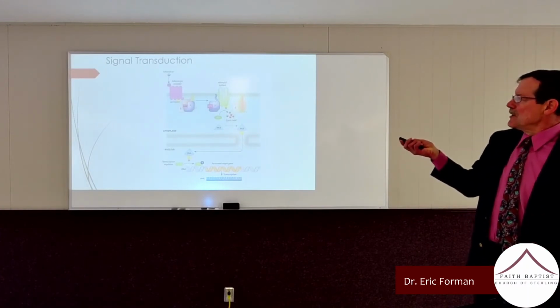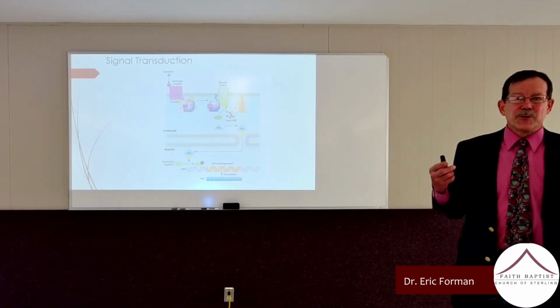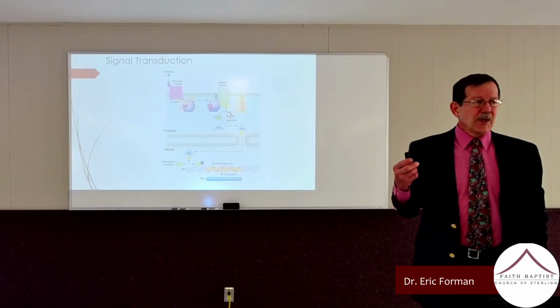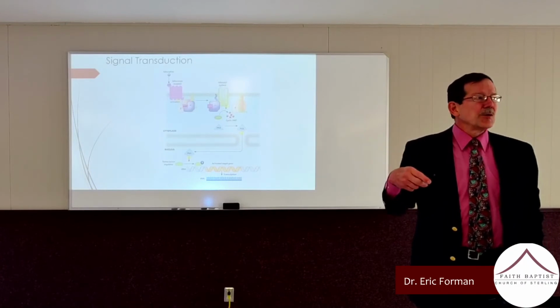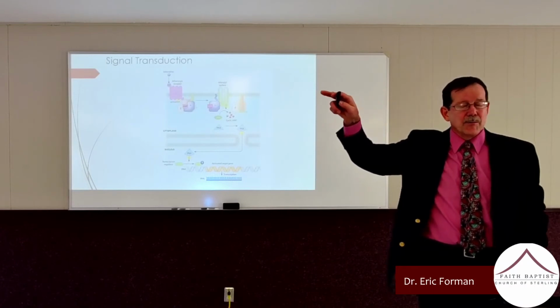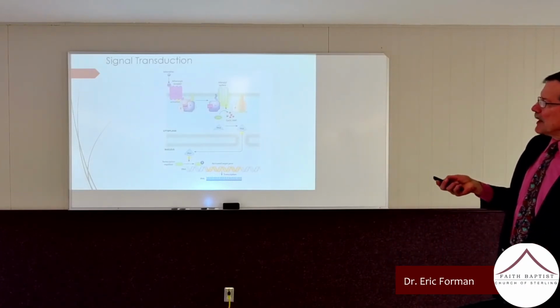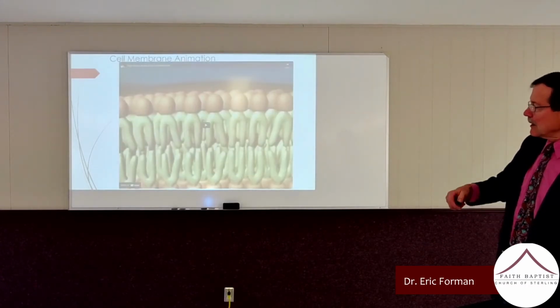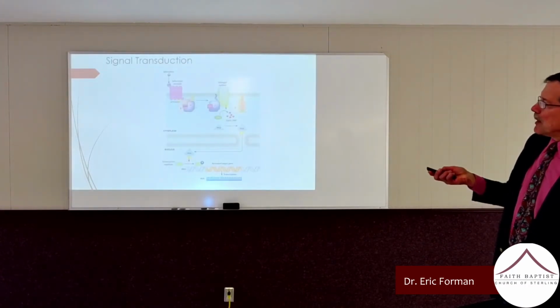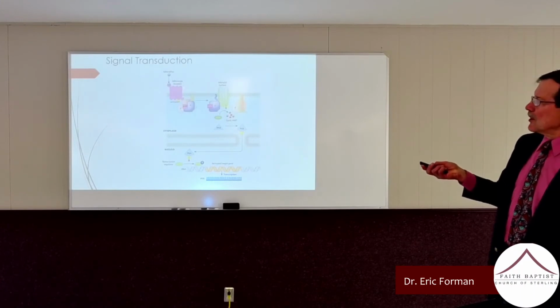So here we are outside the cell. Do you see our cell membrane right there? You've heard of adrenaline? Adrenaline is a little molecule. It comes floating along in the bloodstream, comes out of the blood vessels, goes to the extracellular fluid, and it binds to a protein receptor on the outside of the cell called the adrenergic receptor.